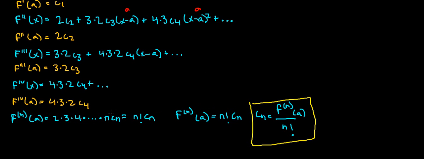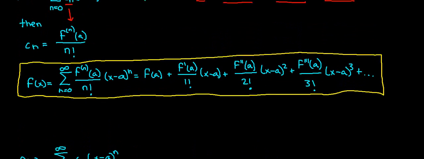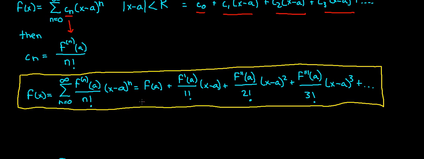So we can simplify this formula to the nth derivative of f at a is equal to n factorial times Cn. And what is done here is just dividing n factorial to the other side to give Cn. Cn is equal to the nth derivative of f at a divided by n factorial. So that is where this replacement for the Taylor series comes from.